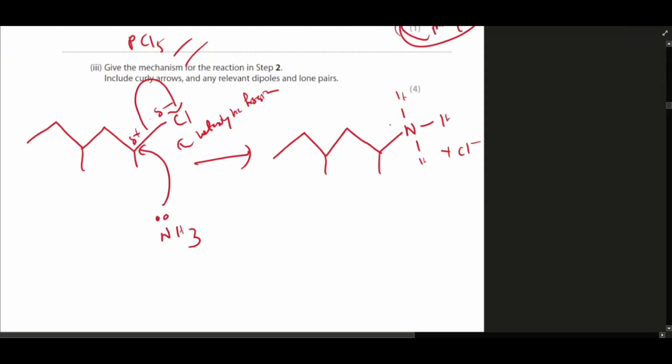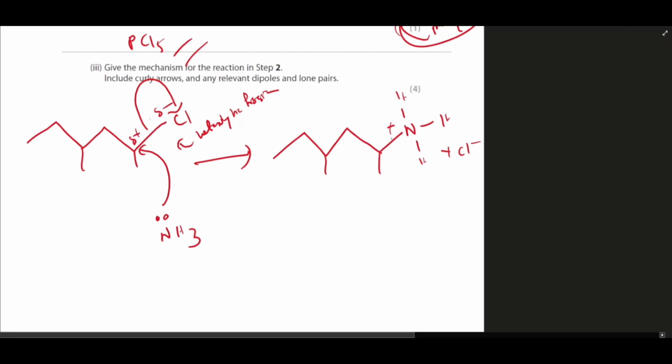Look, I made a mistake, basically. There must be a plus sign. Can you tell me why there must be a plus sign on the nitrogen atom? Exactly.